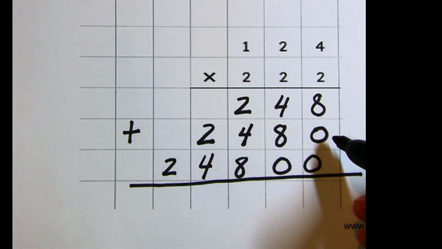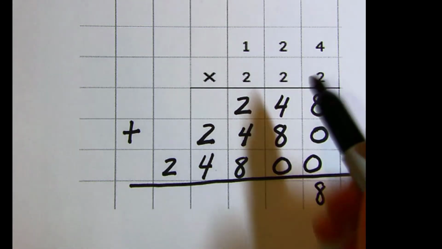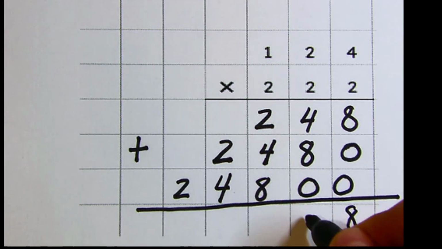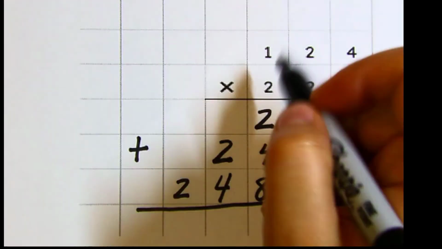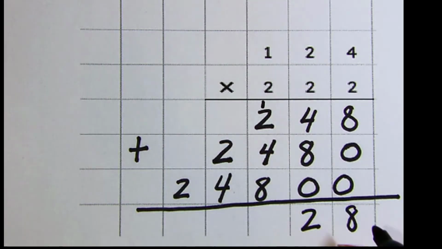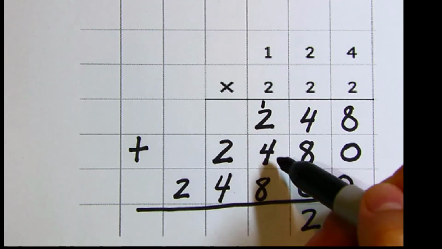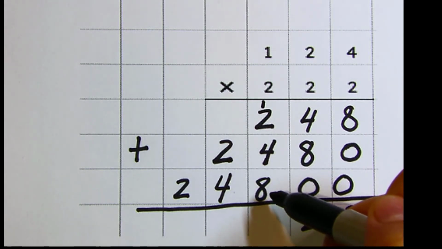8 1s plus 0 1s plus 0 1s is 8. 4 tens plus 8 tens is 12 tens. So that's 2 tens, and then I regroup 1 10 to the hundreds column. 100 plus 200 is 300, plus 400 is 700, plus 800 is 1,500.